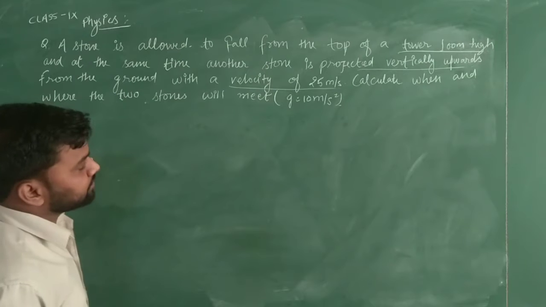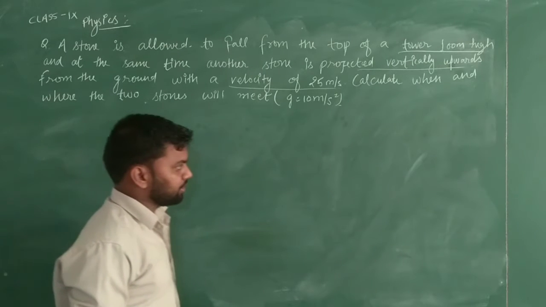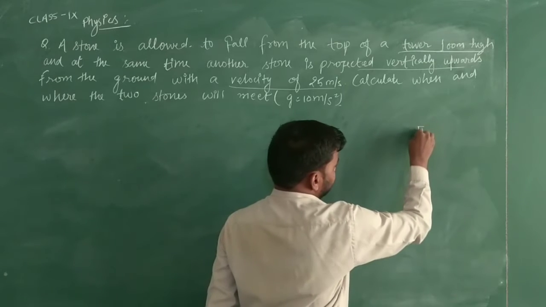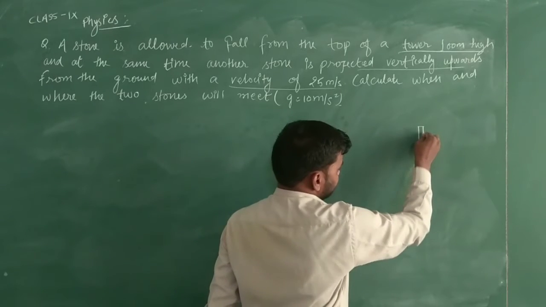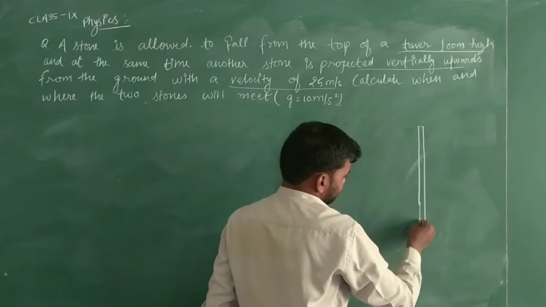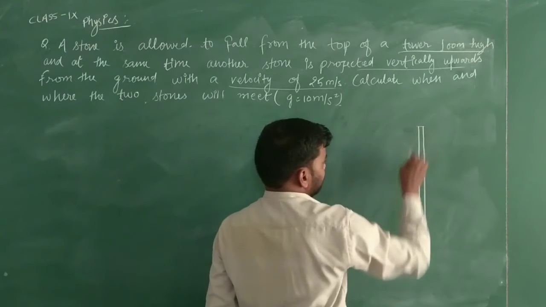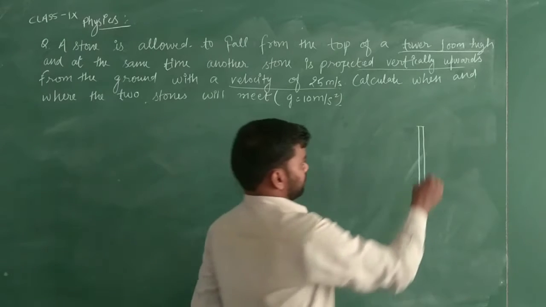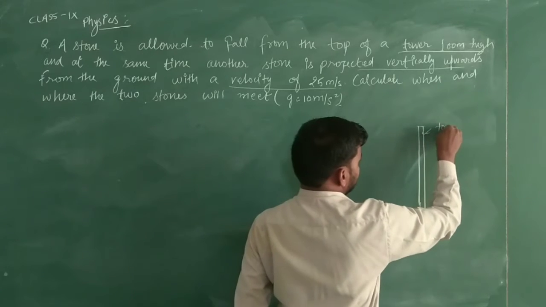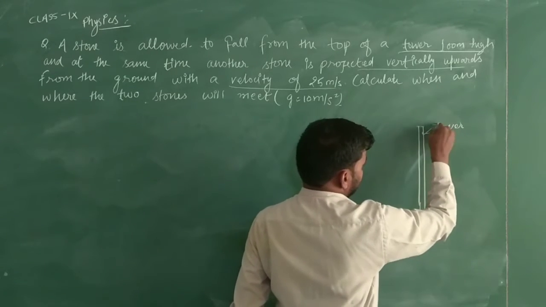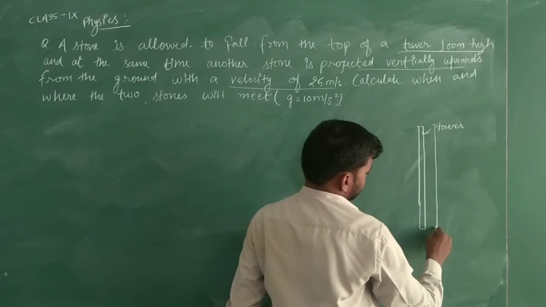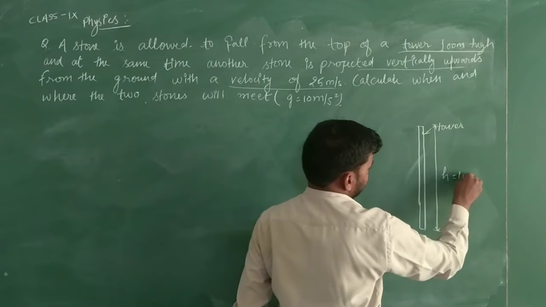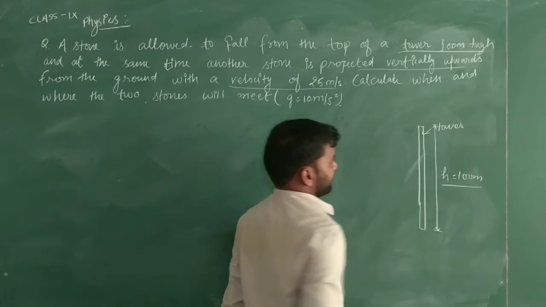So let us understand what the question is trying to say. It is saying that a tower of 100-meter height. It is the tower, and the height of the tower is 100 meters.